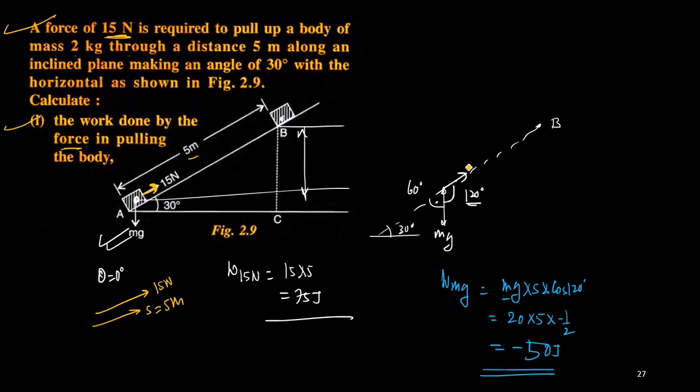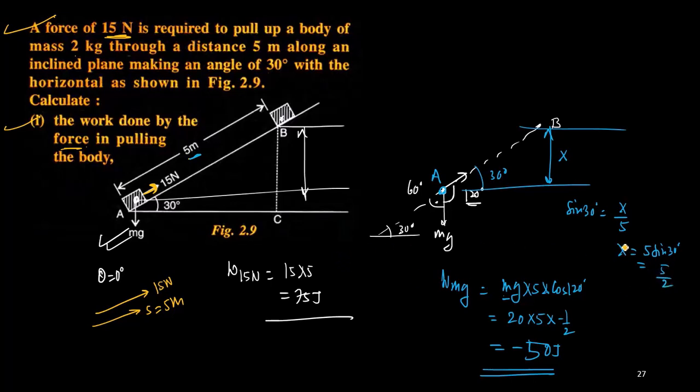Either you can calculate in this way, or you simply calculate the vertical distance between point A and B. This is the vertical distance. So this is a right angle triangle whose hypotenuse is 5 meter, and this angle is 30 degree, given. So vertical distance is given by sin 30. So sin 30 equals the vertical displacement, let us say x, by 5. So x becomes 5 sin 30, means half, 5 by 2.